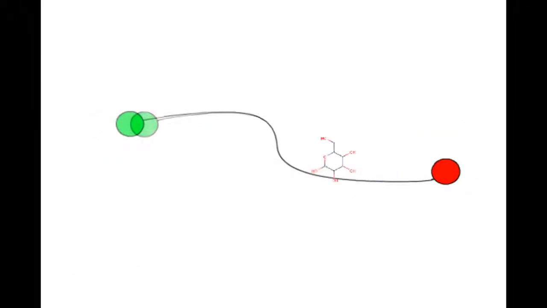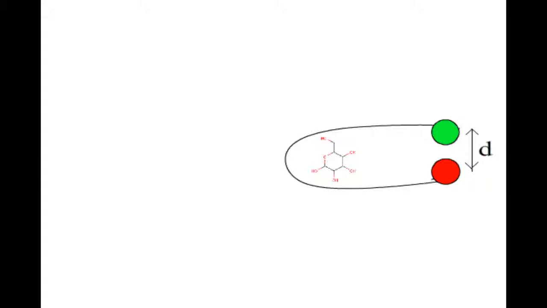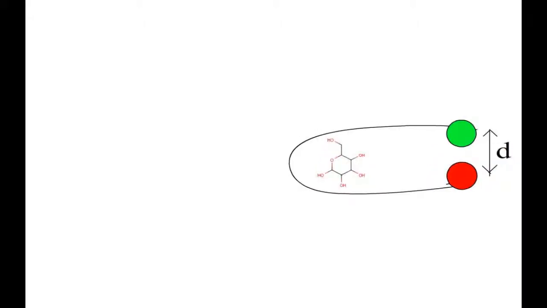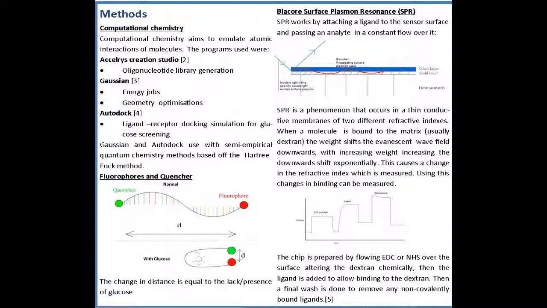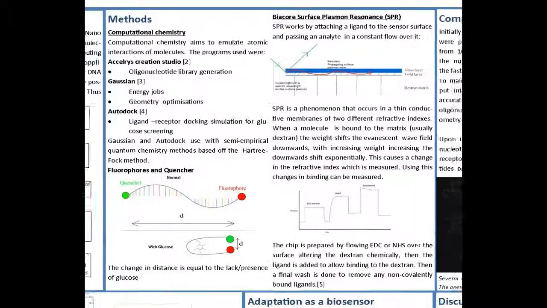However, when glucose is added to the mixture, the conformational change caused by the binding of the aptamer to the glucose causes the fluorophore and quencher to become closer to each other, thus reducing the fluorescence output. A larger concentration of glucose should produce a larger decrease in the amount of fluorescence observed to the point of complete saturation.